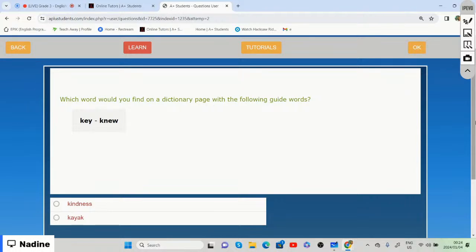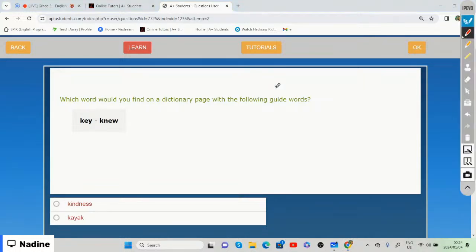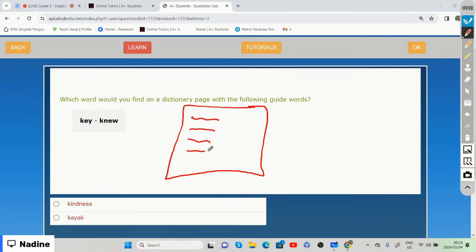So we have guide words, right? If you open up your dictionary on any page and look right on top, let me try to make an example. If this is your dictionary page, then usually you have words and their meanings, and on the other side, you also have words and their meanings.